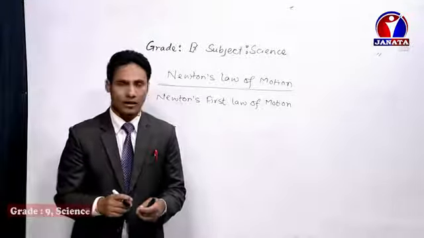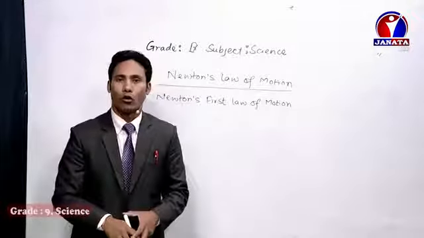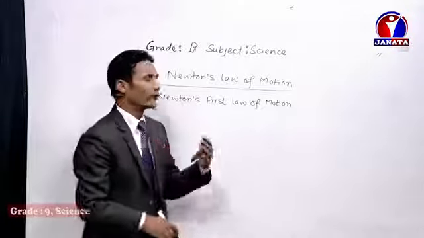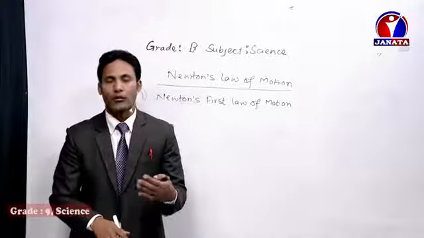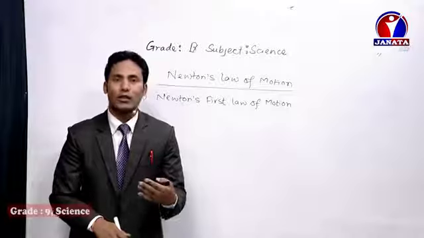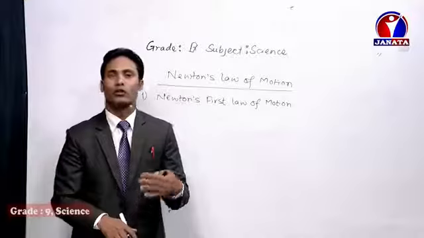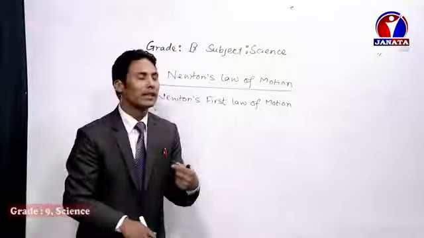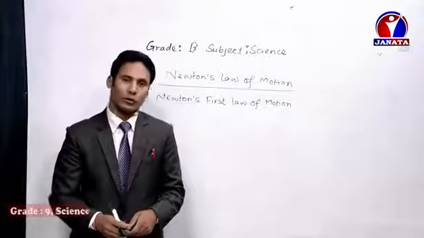Similarly, this first law of motion gives the definition of force also. Force, we have learned, is the external agent which changes or tends to change the state of an object from rest to motion or from motion to rest. That means the definition of force is given with the help of Newton's first law of motion.